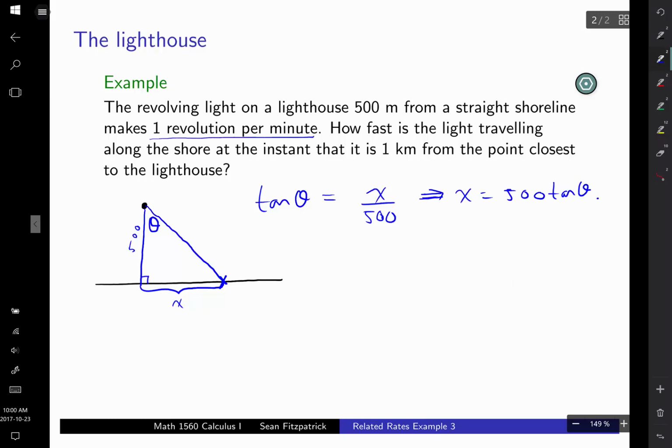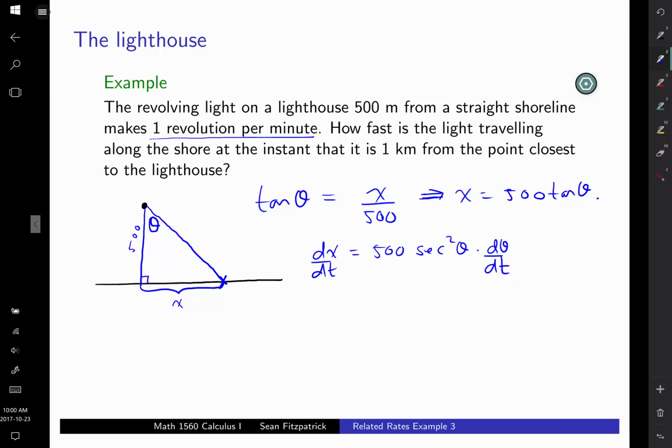And now I want the rate at which x is changing, so I need to take the derivative of both sides with respect to t, dx/dt equals 500 times the derivative of tan. Remember, the derivative of tan theta is secant squared theta. But then I'm taking the derivative with respect to t, so I need to multiply by d theta/dt.